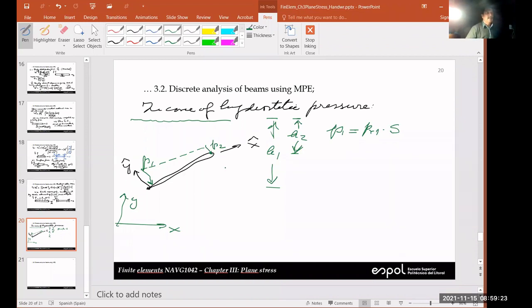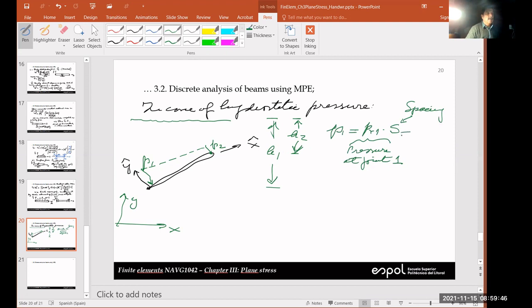So this is pressure at joint 1, and this is the spacing.